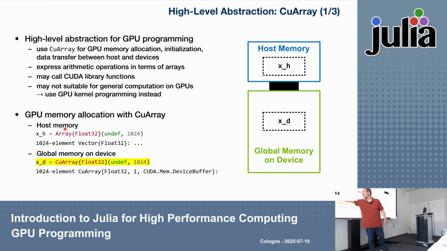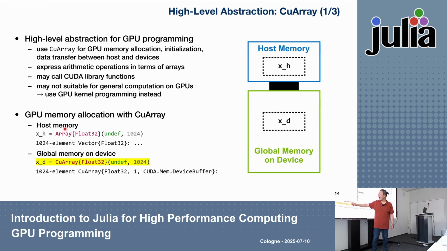To do this, just use this array syntax. And here, underscore h is just a small notation for host, just because you as a programmer need to have this in your mind. This is the so-called host memory.